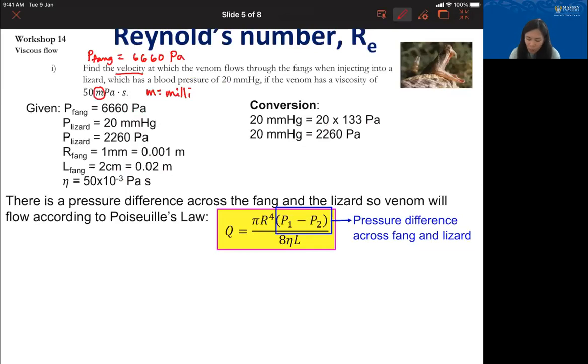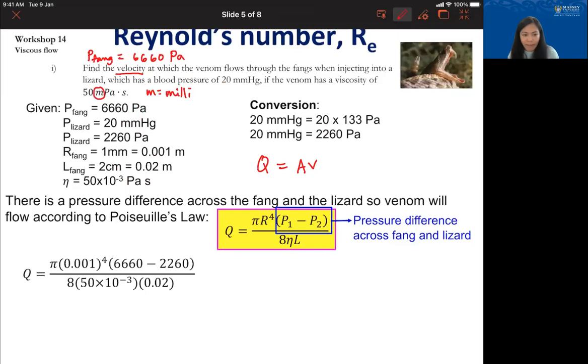Poiseuille's equation doesn't tell you directly anything about velocity, but Q, the flow rate, is equal to area times velocity. By using Poiseuille's equation, we can solve for Q, and then after that, we can solve for speed V. So substituting the radius, P1 minus P2, 8 times the viscosity times the length, we can solve for Q.